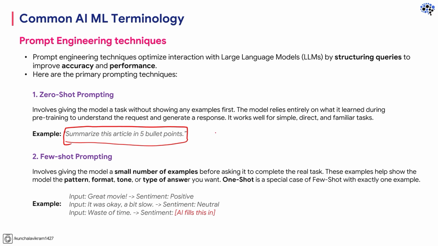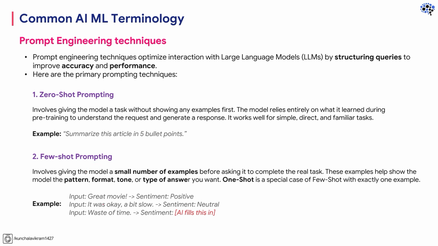So it doesn't know how to format the response. Probably it may format in bullet points or directly give you the summary, right? But this is zero shot prompting because we are not giving any examples like how it should respond.